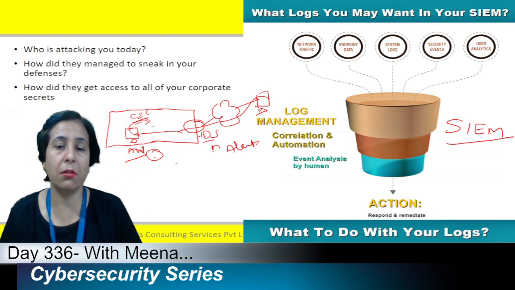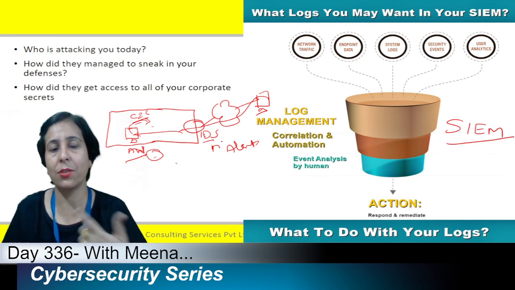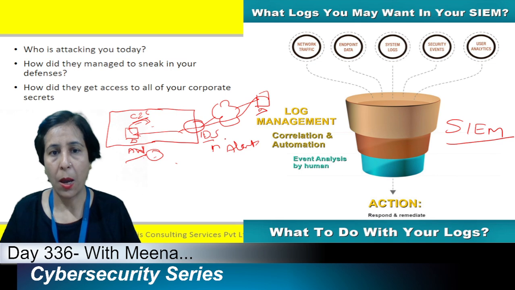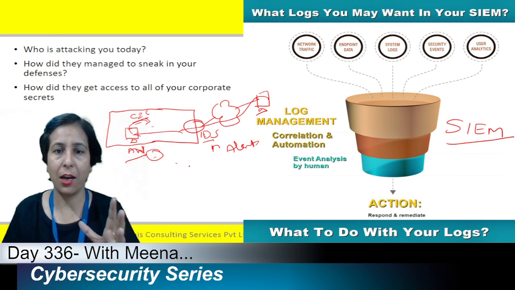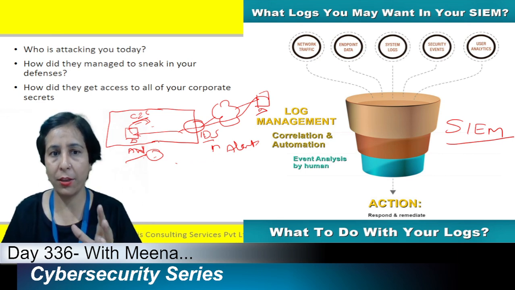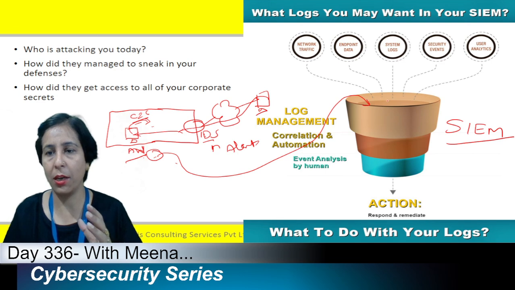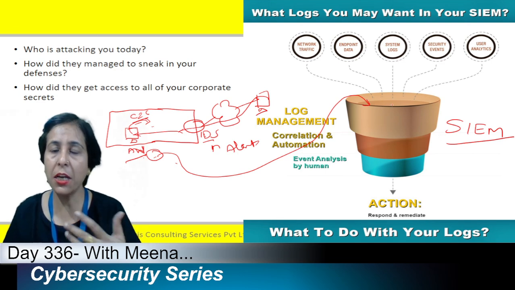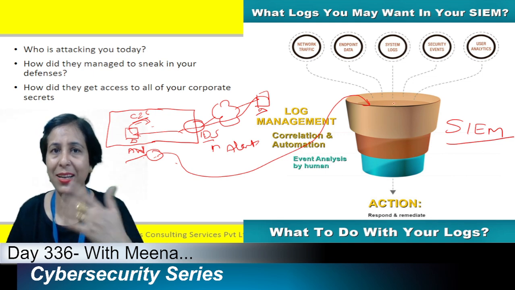IDS never comes to know what's happening on the end devices, and end devices never come to know about the alerts generated by the IDS. But if we have configured our SIEM properly, the logs generated here can come into the SIEM, and it can correlate them and make sense of them.